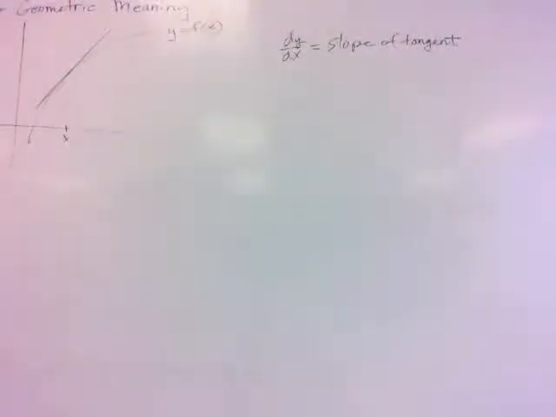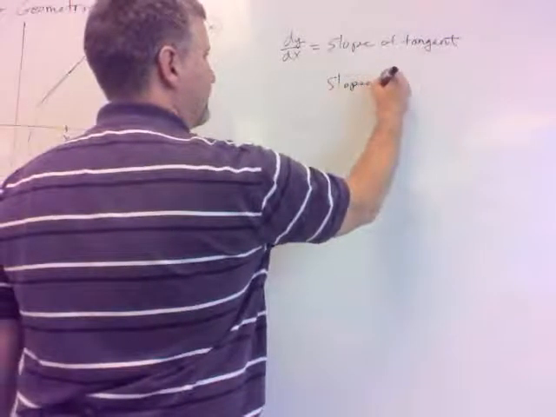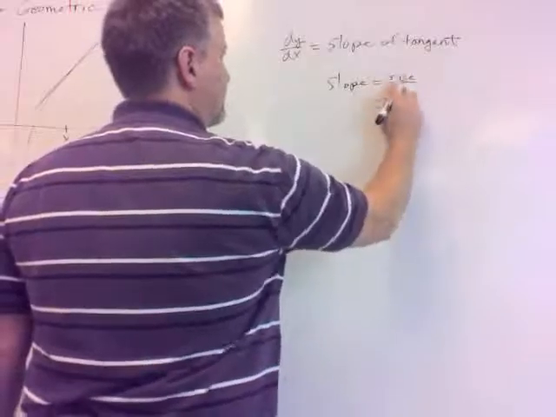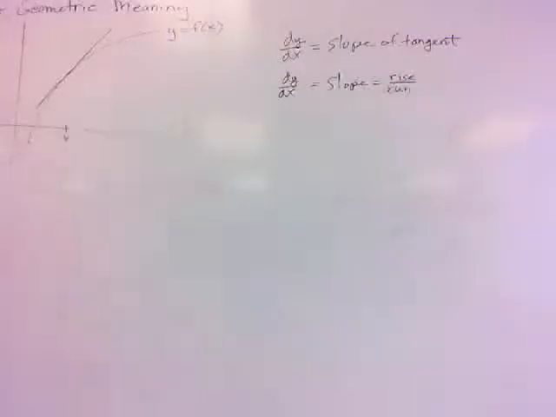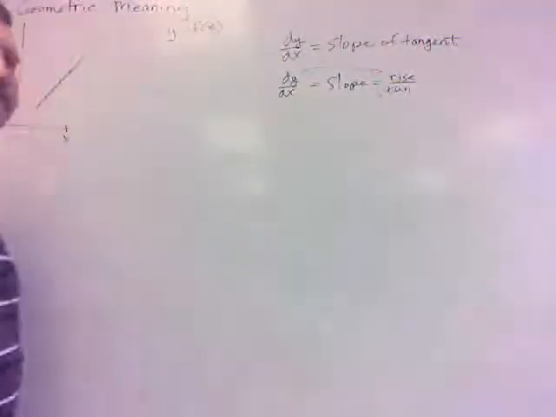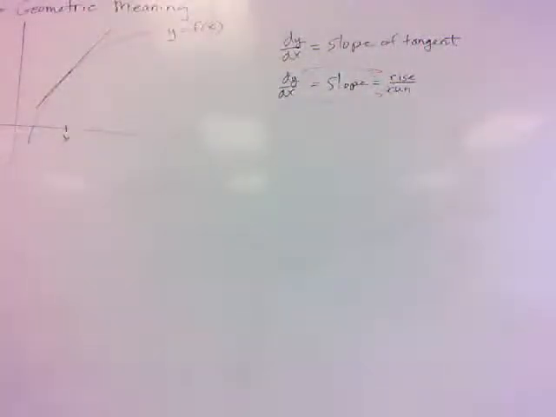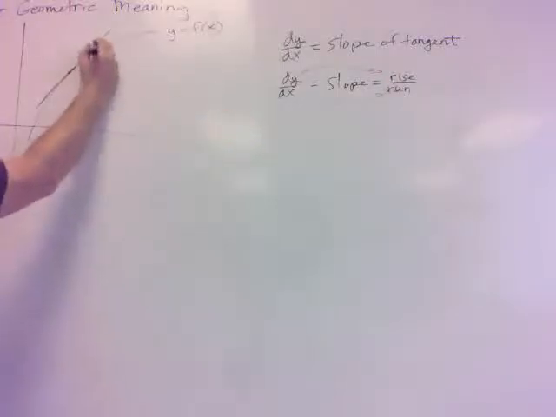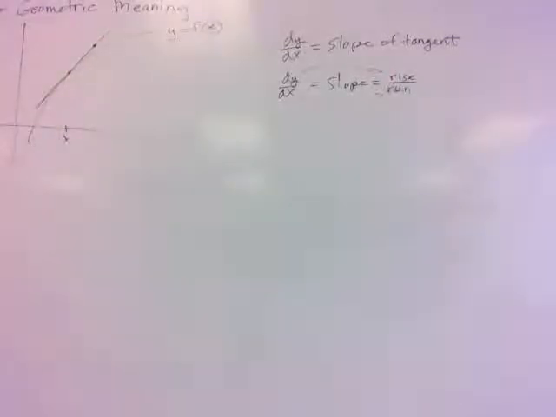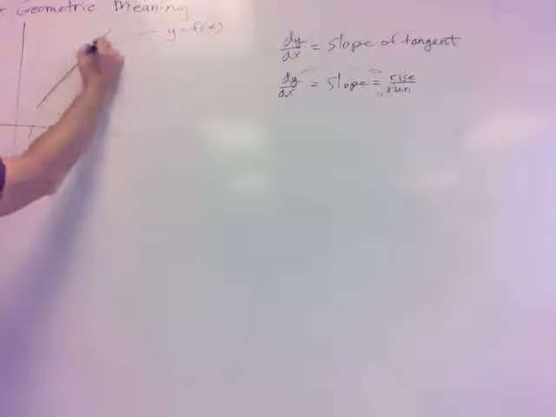Okay? Well, how do we interpret sometimes slope? Isn't slope the rise over the run? So, if the slope is rise over run and it's dy dx, what is dy? Dy is the rise. Dx, that's the run of your tangent line. Okay, so for slope you go from one point to another point, so let's just go out there a little bit. Go from that point to that point.